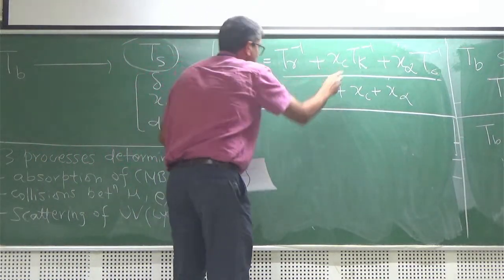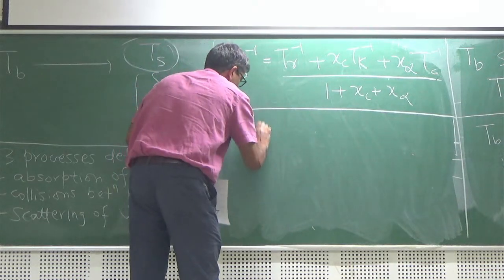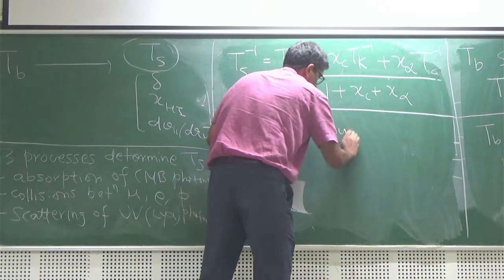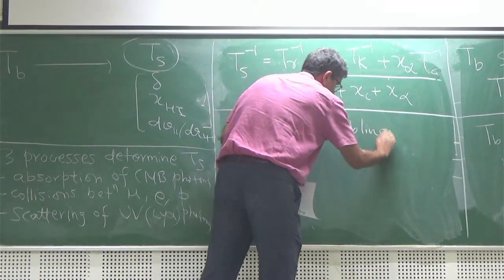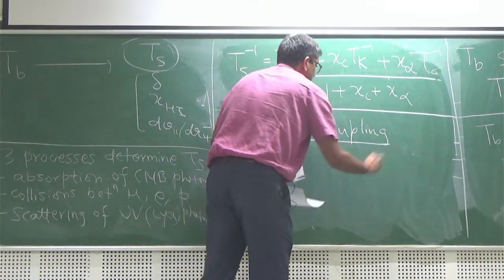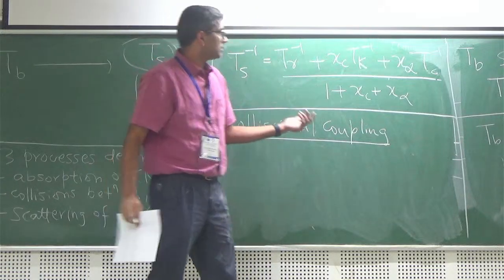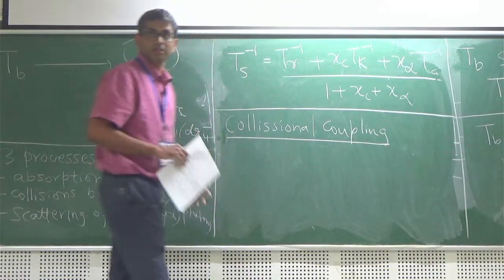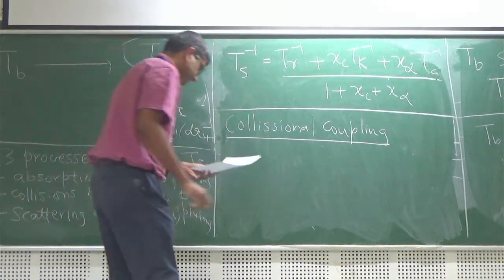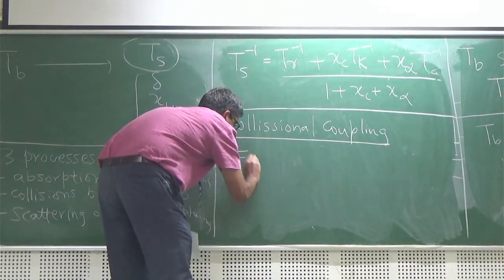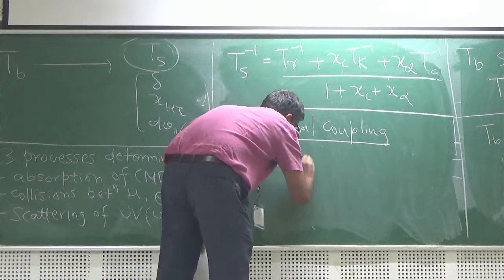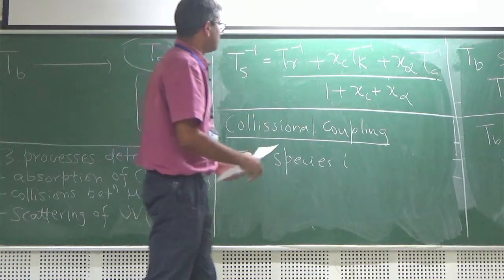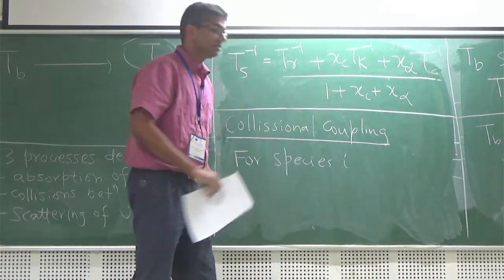So we start by discussing the collisional coupling. And essentially, to understand collisional coupling, the task is very simple. We want to understand TK. So we begin by fleshing out a bit what this xc is.